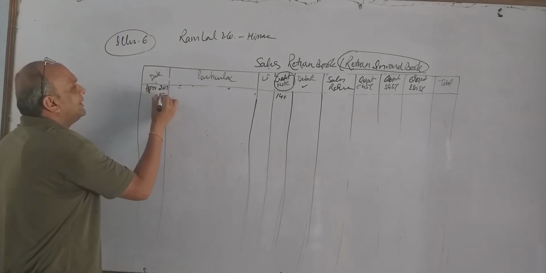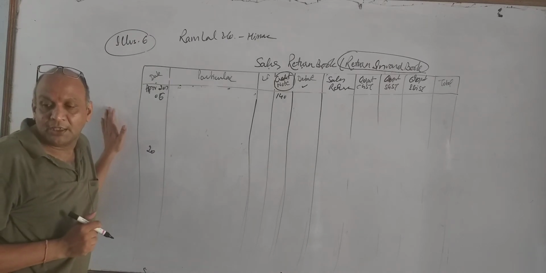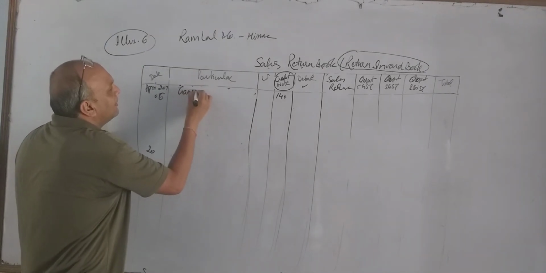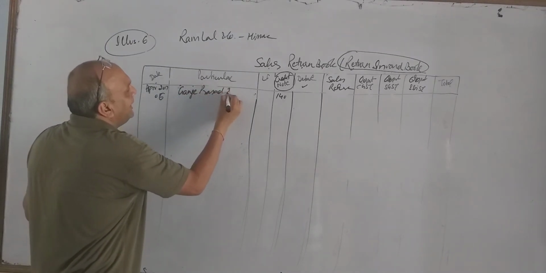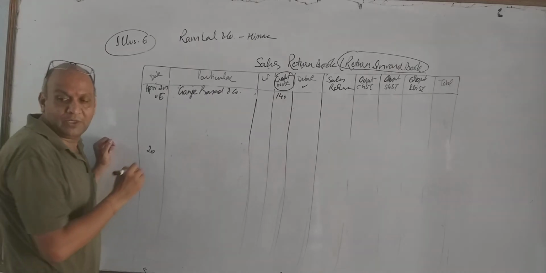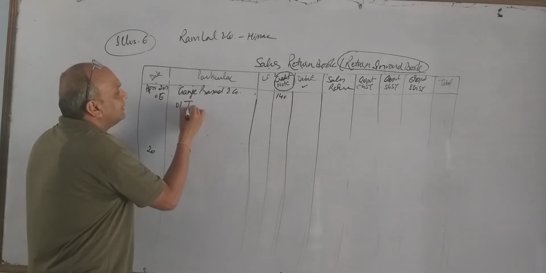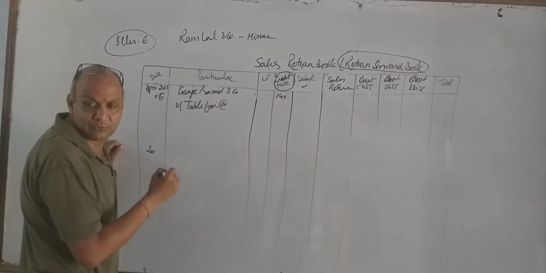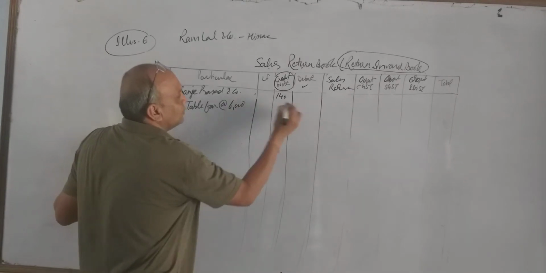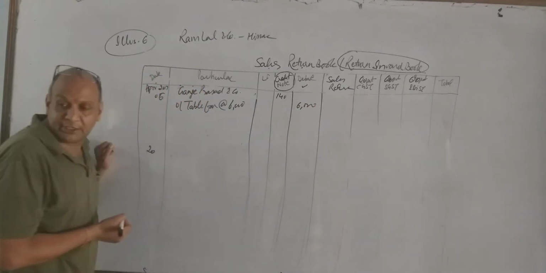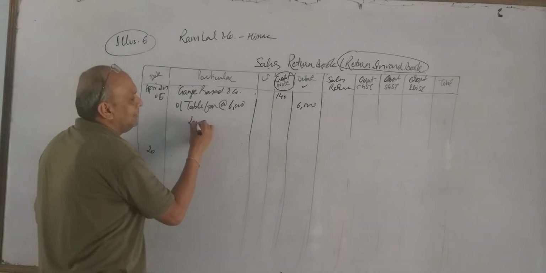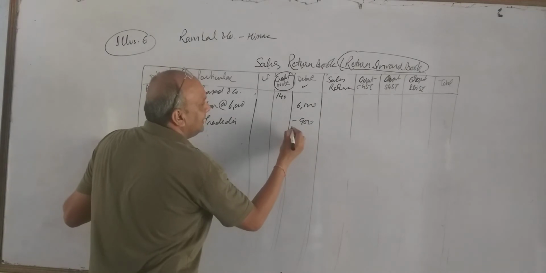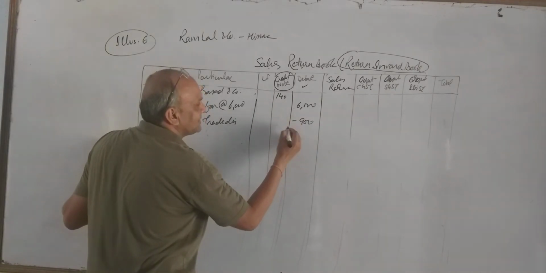So here the first transaction is given on April 6. The sum says that goods were returned by Ganga Prasad and Company, Karnal. What is given over here? One table fan at the rate of 6,000 per fan. So the total becomes 6,000. Trade discount is also given at 15%. Less trade discount 15%, which is 900 rupees.